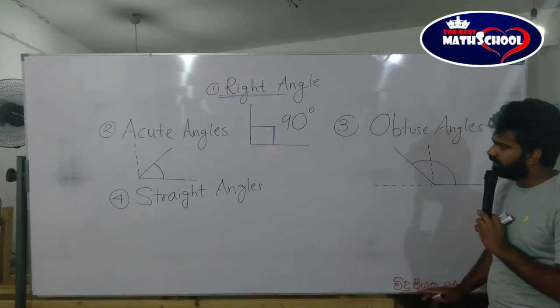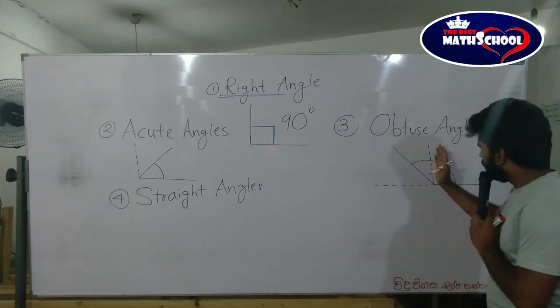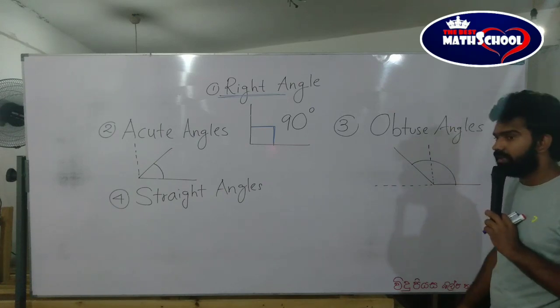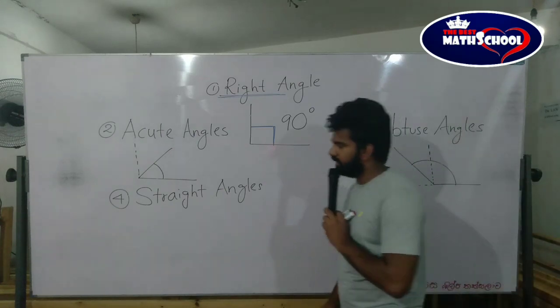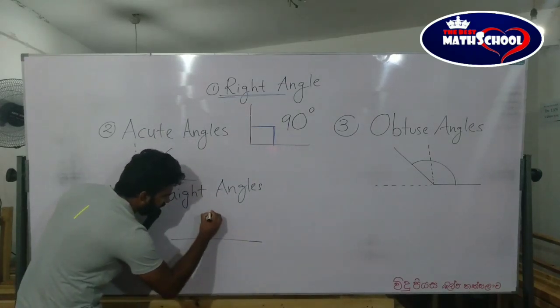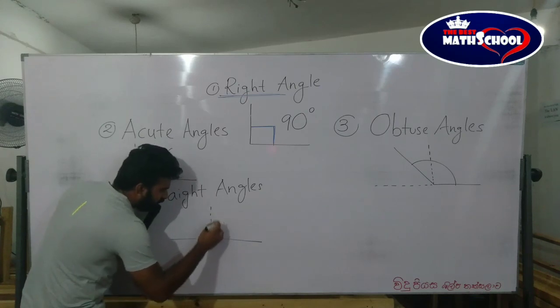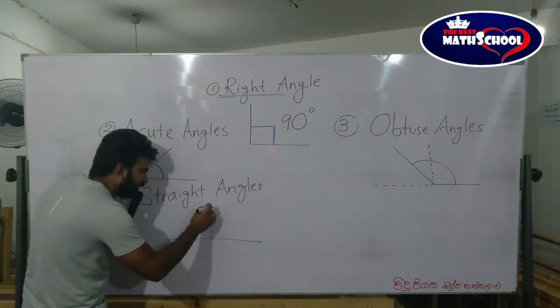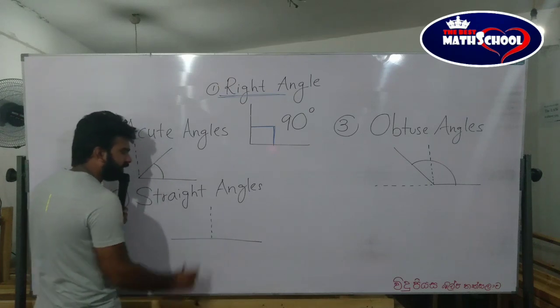Now, here I told you the limit should not exceed 2 right angles. If it comes to 2 right angles like this, that means this will be one right angle. Here you can see a right angle and here you can see a right angle.